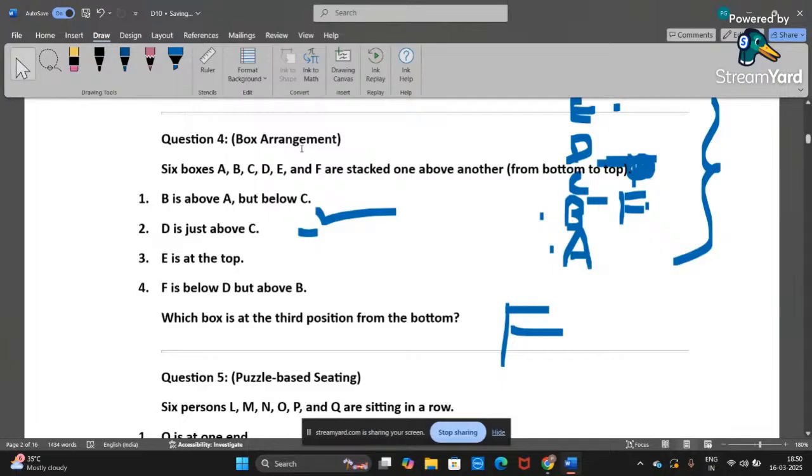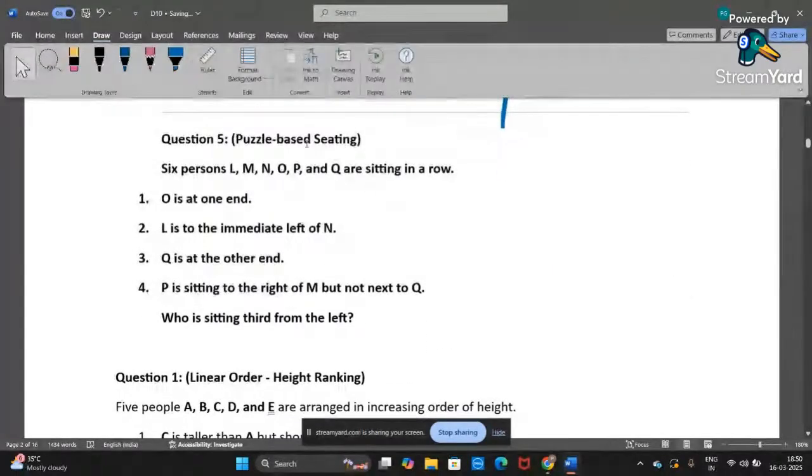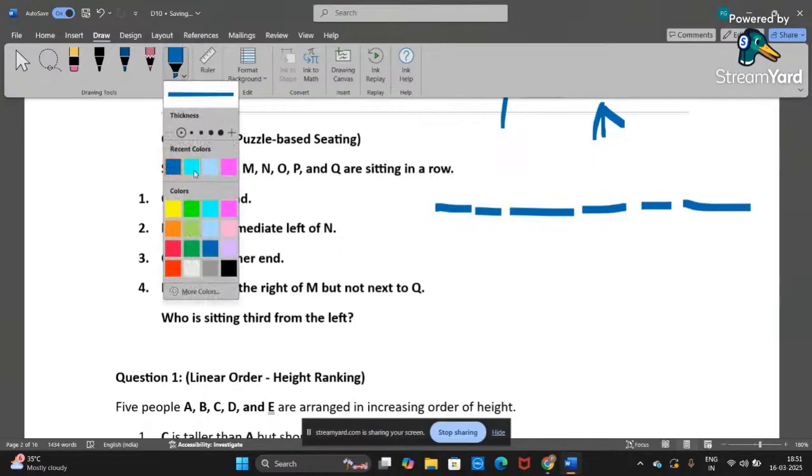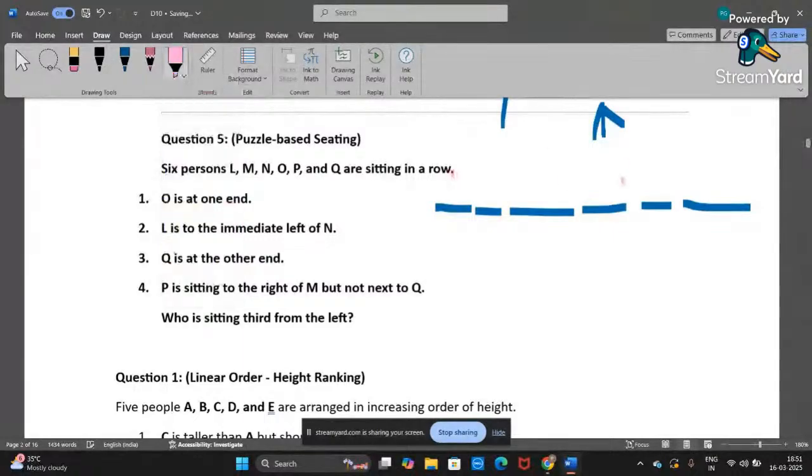This is how we need to solve the problems. Puzzle based seating. Six persons L, M, N, O, P, Q are sitting in a row. Let us think that all are facing towards north. O is at one end.